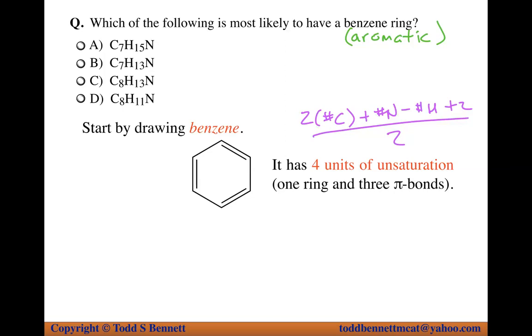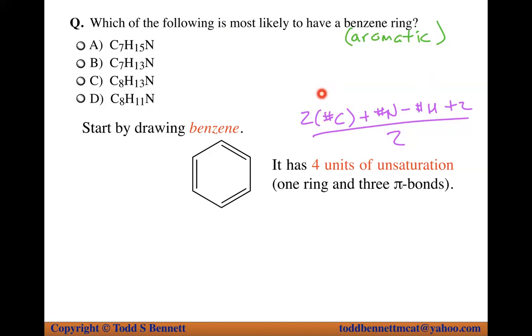This is where multiple choice logic comes in. If only one answer can be right, then it's got to be one of the extreme answers, either the one with few carbons and lots of H's, or lots of carbons and few H's. More carbons, more units; more H's, fewer units.